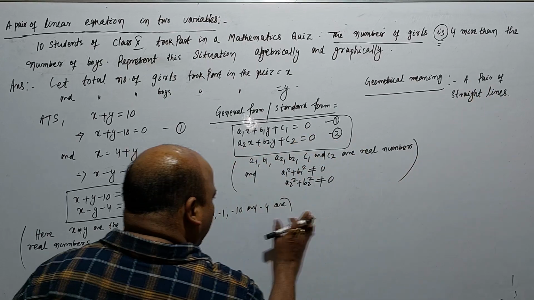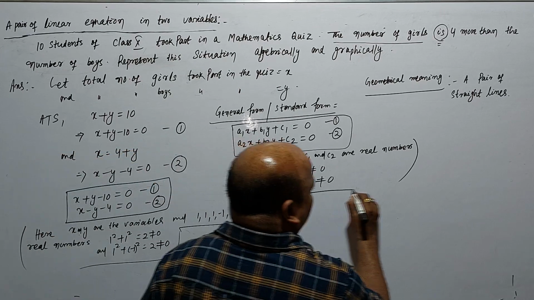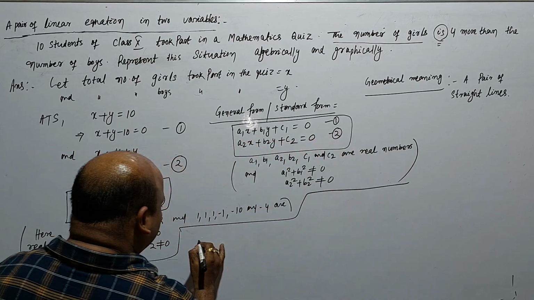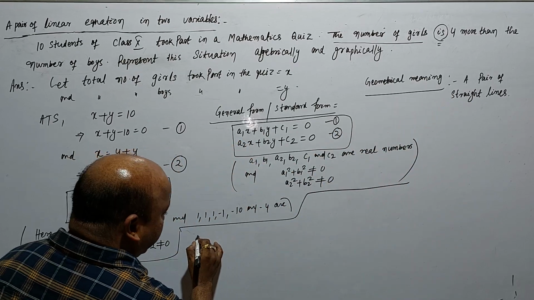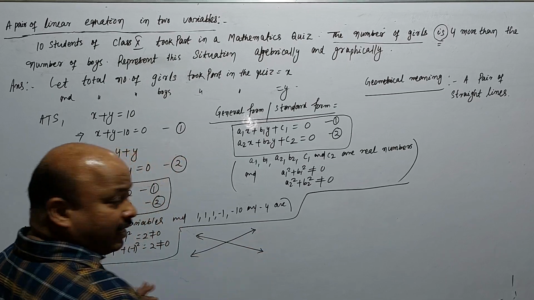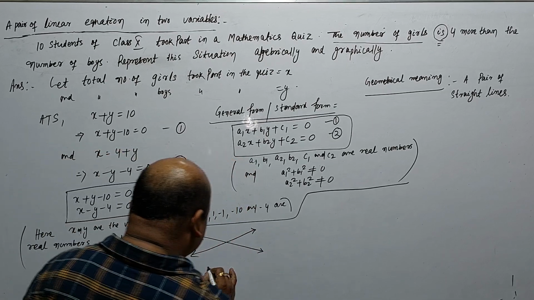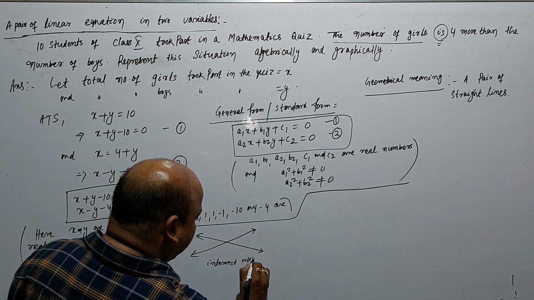So according to you and me, what do we conclude here? That these two straight lines may intersect with each other. What else can they do with each other? They can intersect with each other.